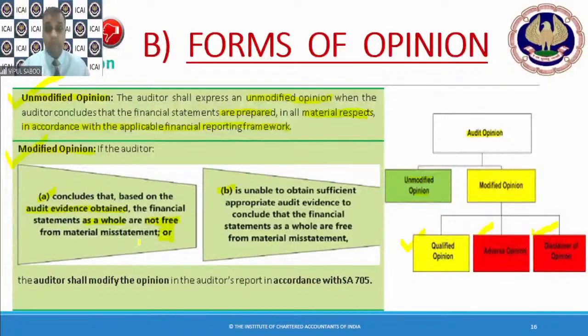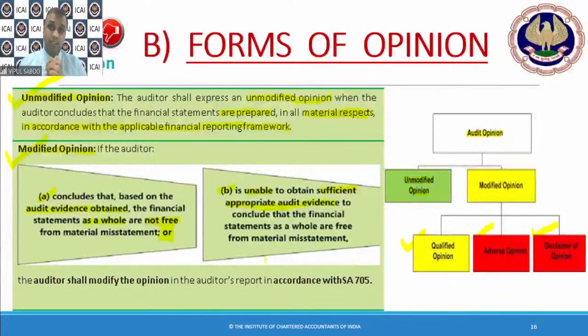Or the auditor is unable to obtain sufficient appropriate audit evidence to conclude that the financial statements as a whole are free from material misstatement. So he has got every evidence and he concludes that the financial statements are not free from material misstatement. There are material misstatements.